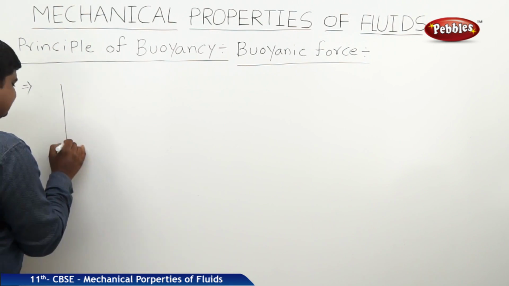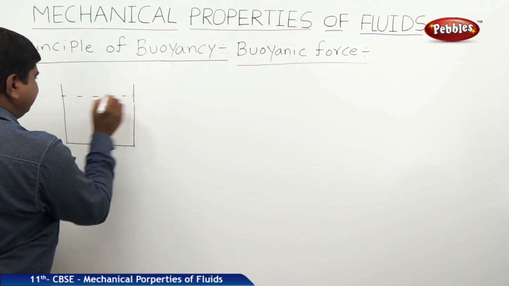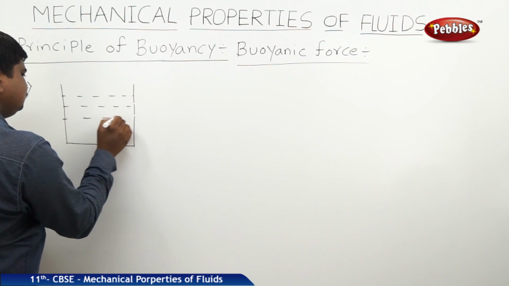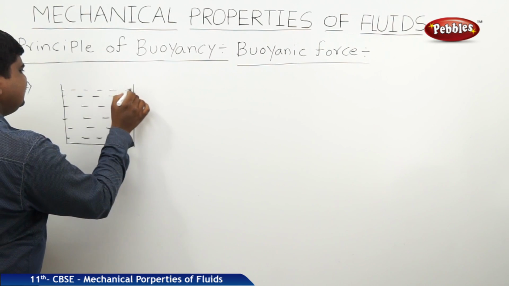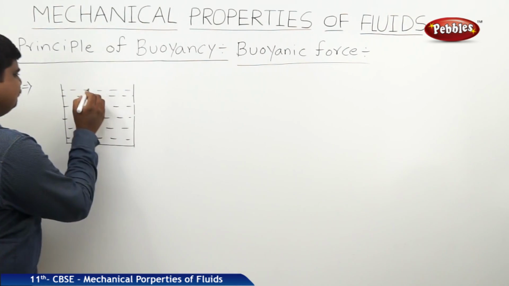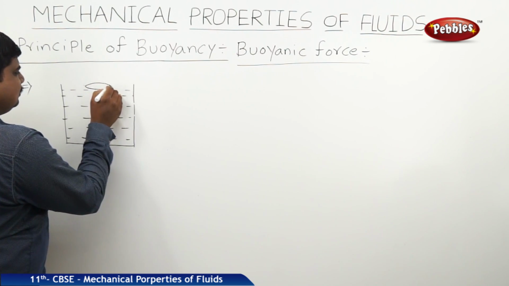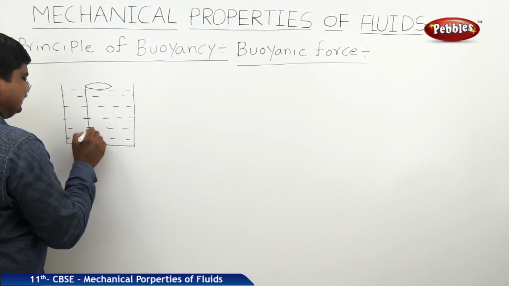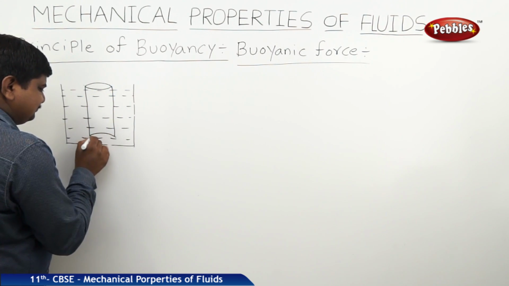Let us take a container and fill it with a liquid or a fluid. Whenever this container is filled up to a certain height with a fluid, try to immerse a body of finite dimensions in the form of a cylinder in a vertical position like this.